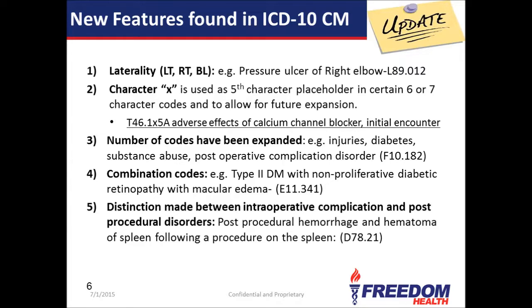So it doesn't have the body part affected, but it has the severity of the illness. At those times you use an X, you put an X in the 5th character to allow you to continue coding and use the 6th and or 7th characters. You don't eliminate that character, otherwise you'll be coding improperly.